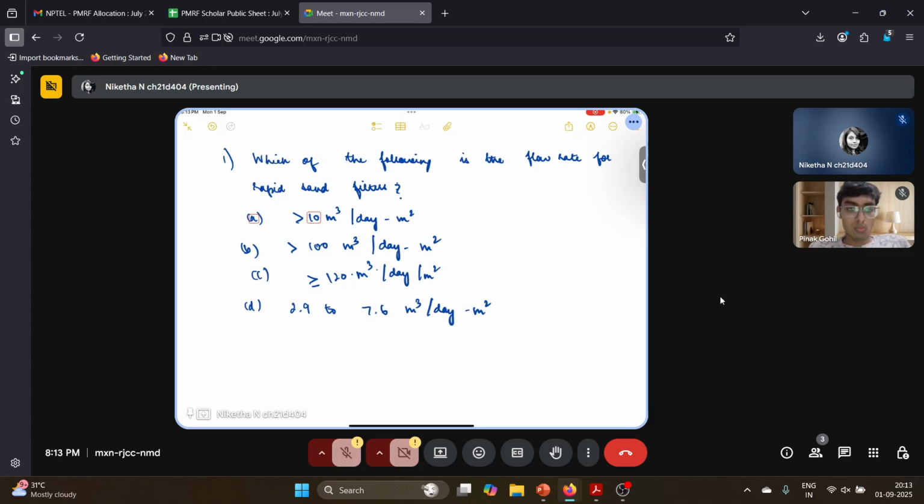Which is the correct option? Yeah. So since it is going to be a rapid sand filter with vacuum, the velocity is going to be high, and it's about 120 meter cube per day per meter square.